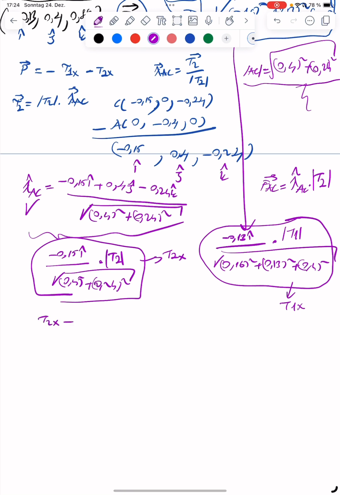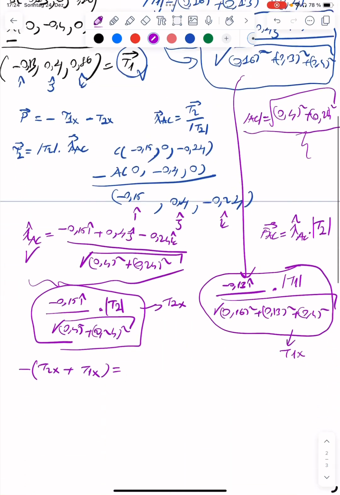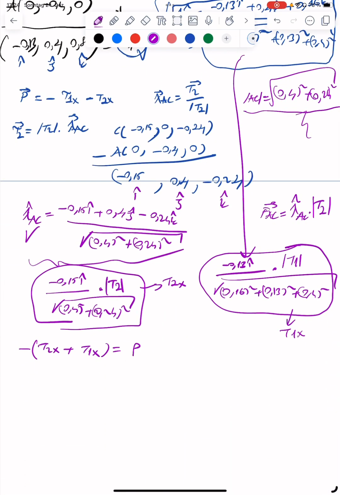T2 in the x-axis plus T1 in the x-axis minus is equal to P. It's the most important solution, and it's very important to understand the question.